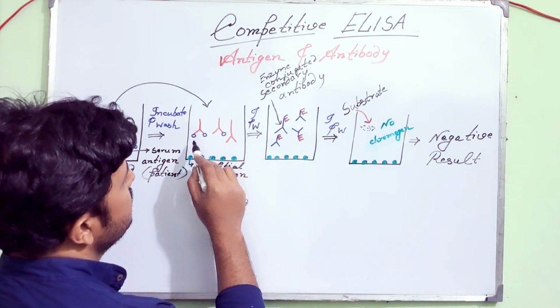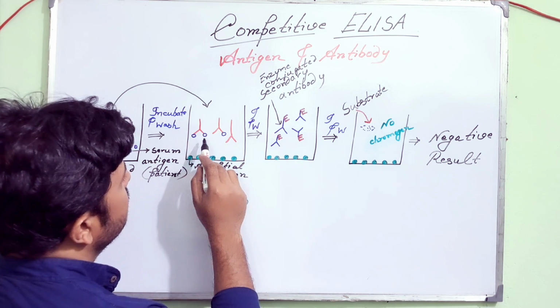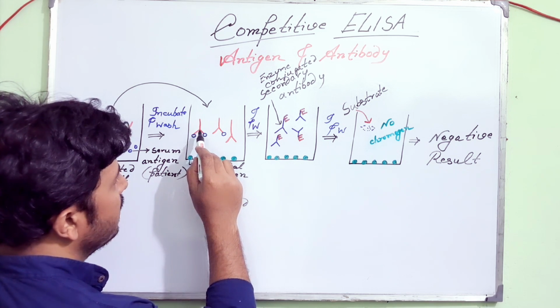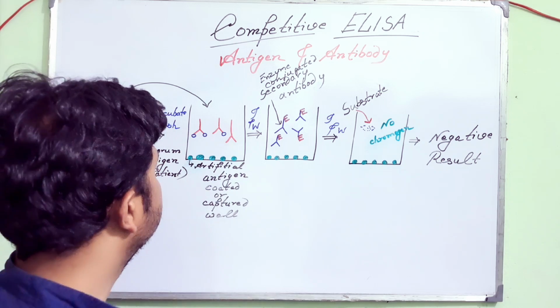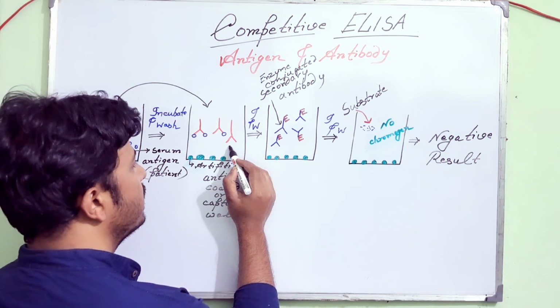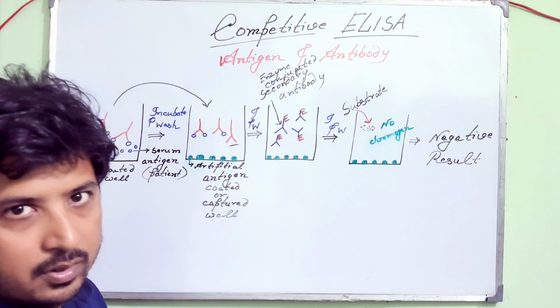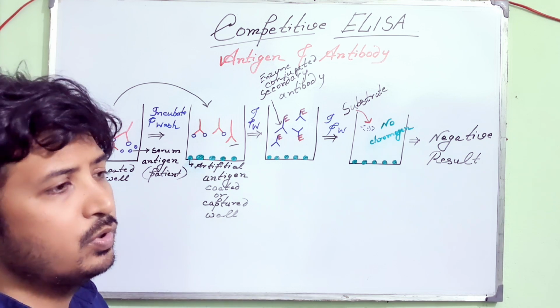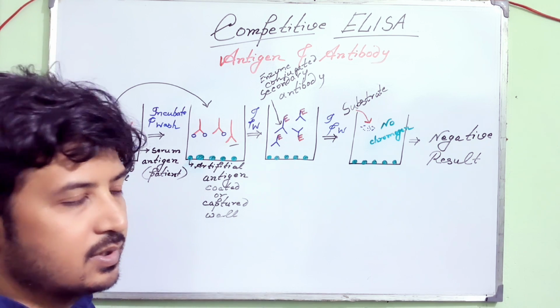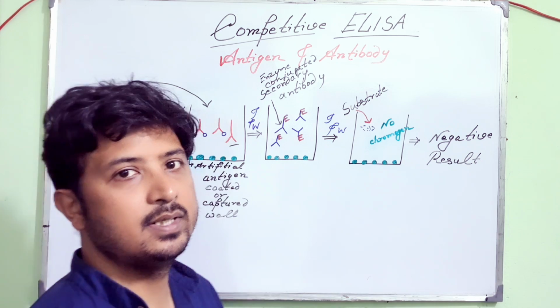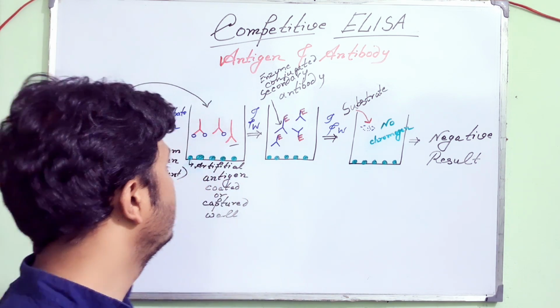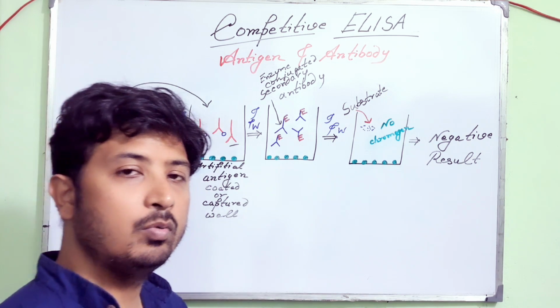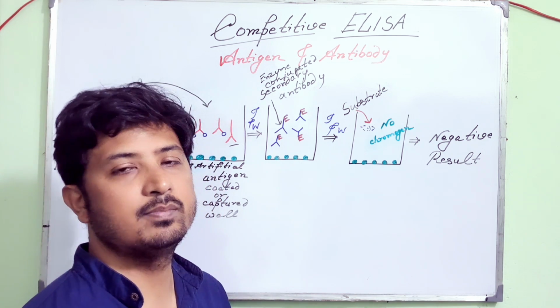You can see here I have drawn that a few of the primary antibodies are already bound to the original antigen present in the serum. This one is free. We don't know the concentration or the amount of antigen present in the particular amount of serum you have given. We have given a particular amount of antibody, but the concentration may differ.